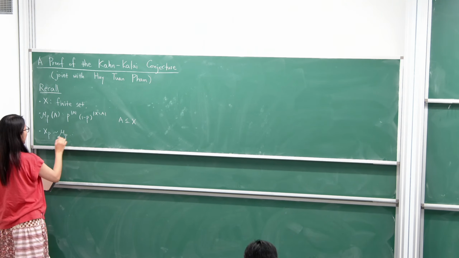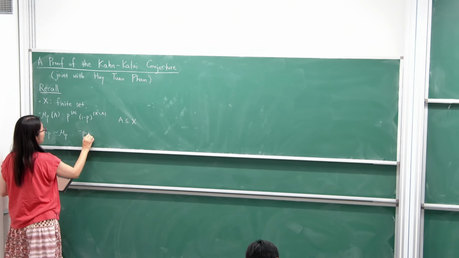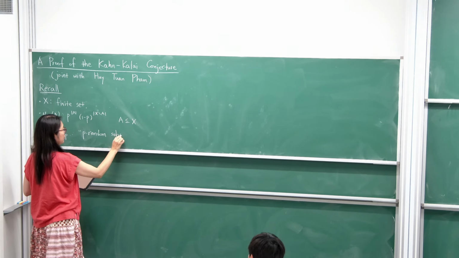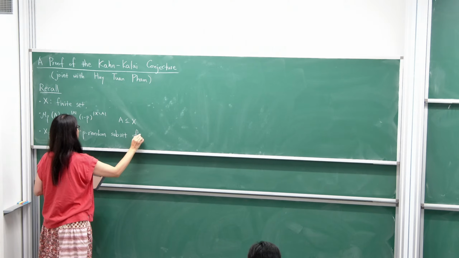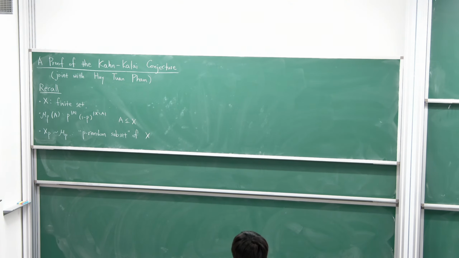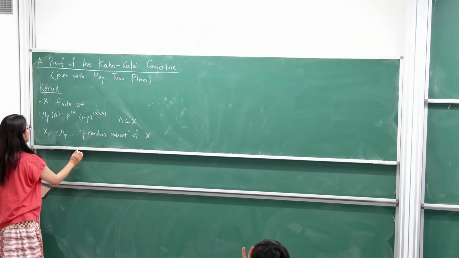So X_p is basically the p-random subset of X, where p-random means by a biased coin flip. For each element, we toss a biased coin independently.